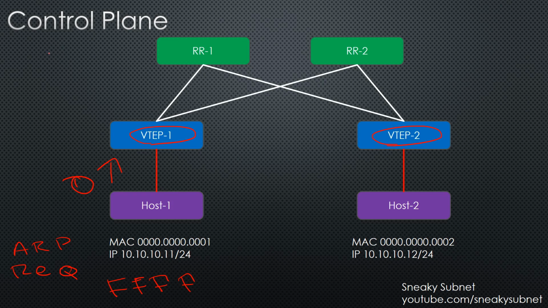So they will choose a multicast group. Actually, we'll configure it. For example, 239.0.0.10. And let's assume that we will use that group for VNI number 10, and we use VNI number 10 for our host number 2 and host number 1.